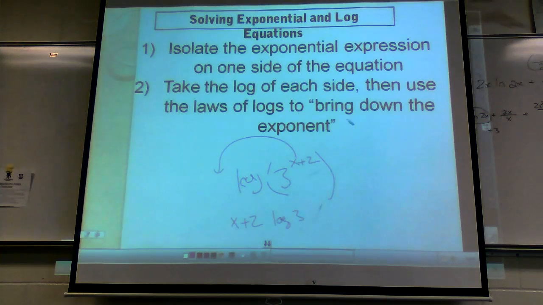So bringing down the exponent means that when you take the log, the exponent drops down to a single level as opposed to multiple levels.